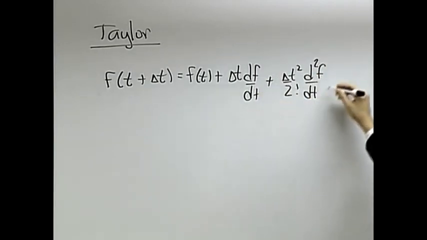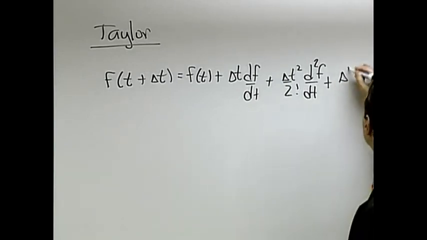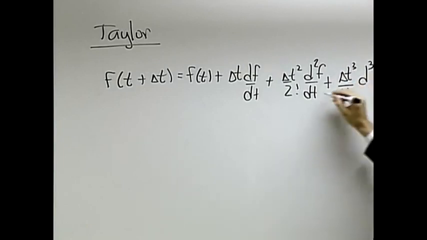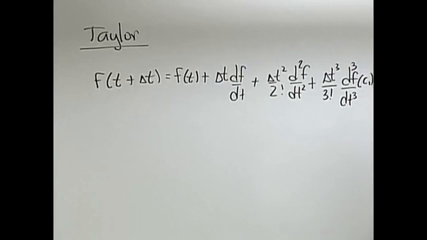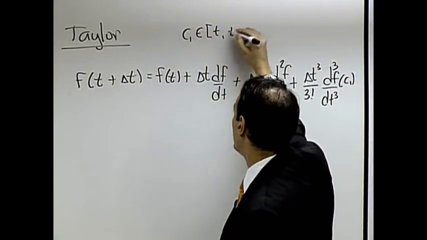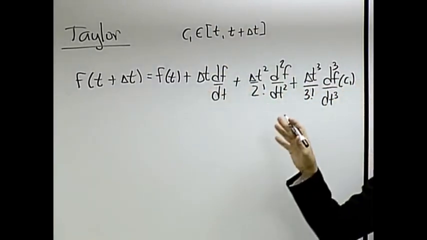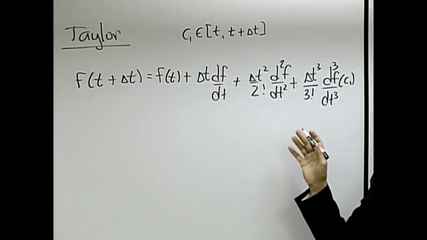These are evaluated at t, and what we're going to do is truncate it. The last term here is delta t cubed over 3 factorial times the third derivative, evaluated at C1, some constant which I do not know, between t and t plus delta t. But I'm guaranteed to have this. That's an exact result. No approximations have been made. It's just that I don't know what C1 is.